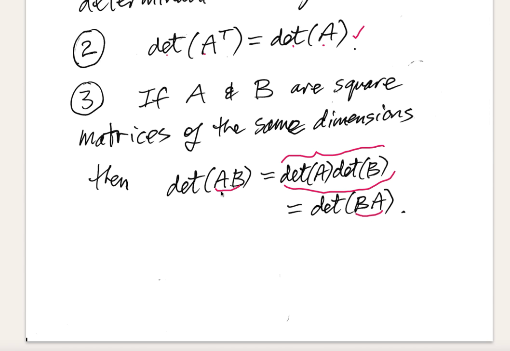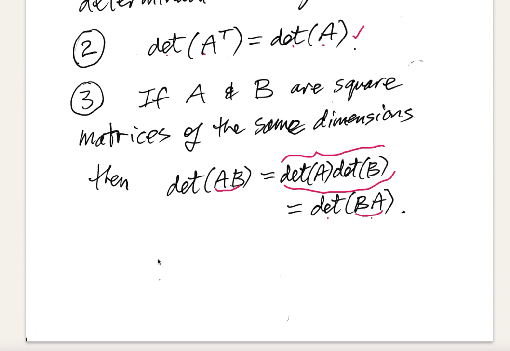So the determinant of AB is the same as the determinant of BA for square matrices of the same dimensions A and B, even though AB and BA themselves will probably be different matrices. Well, not completely different. They'll have the same dimensions, but their entries might be quite different. We've seen that before. But they'll have the same determinant. So the determinant is actually multiplicative.